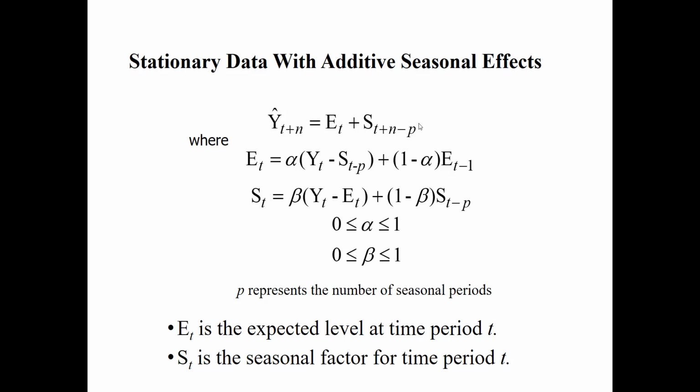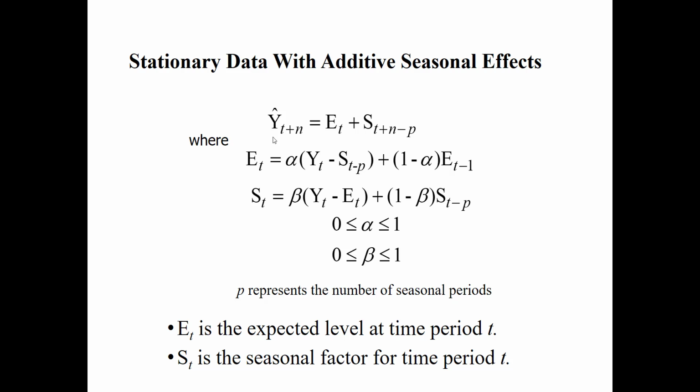And here you can see there's a p. P represents the distance between repetitions of the seasonal period. For example, if the data is monthly over a year, p is 12. But if the data is quarterly, p becomes 4.